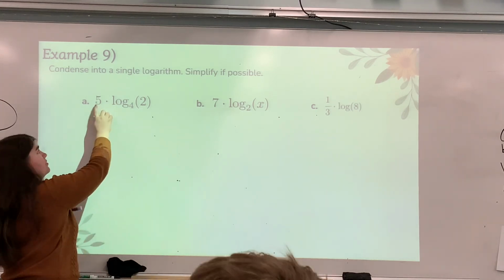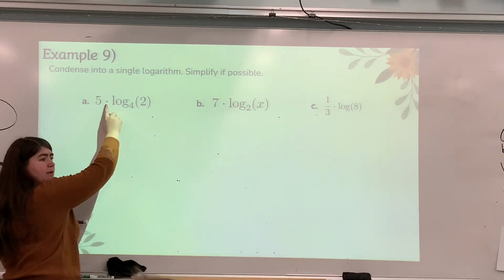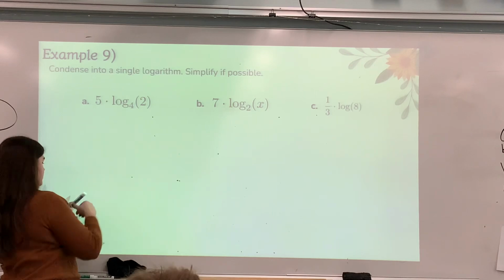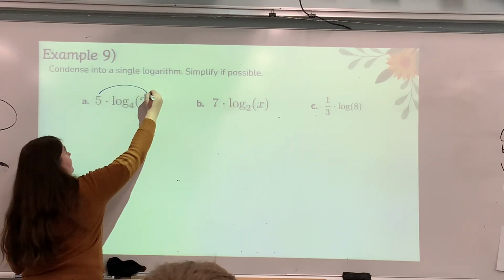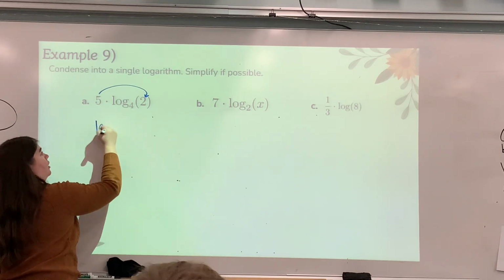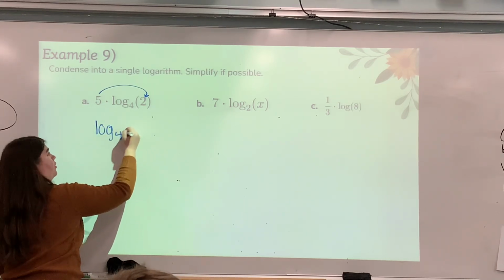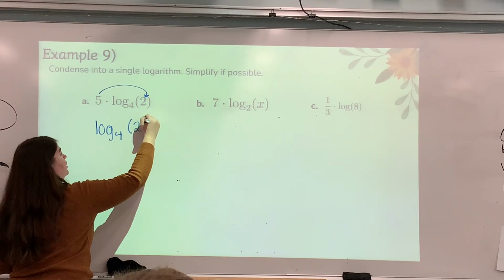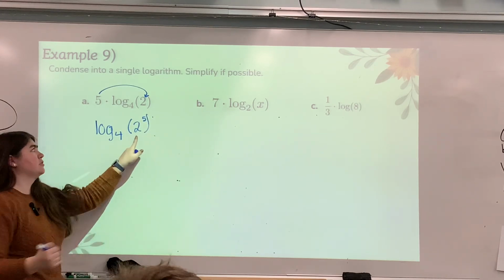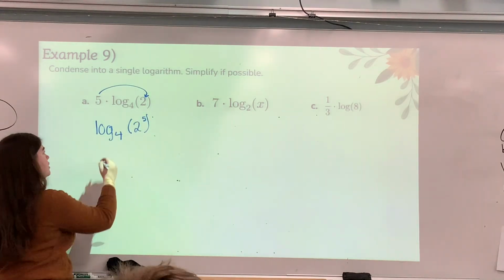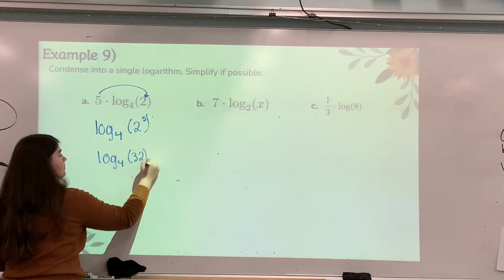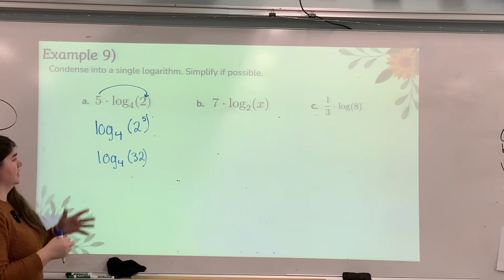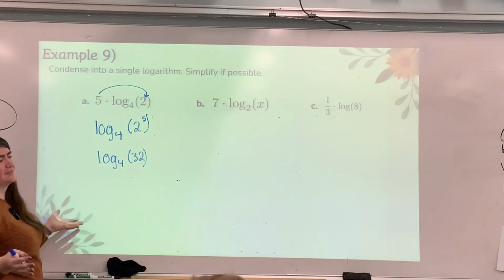And when we have something multiplied out front, what does that mean for us? It's the exponent of this. So we'd have log base 4 of 2 to the power of 5. What is 2 to the power of 5? 32. So we have log base 4 of 32.